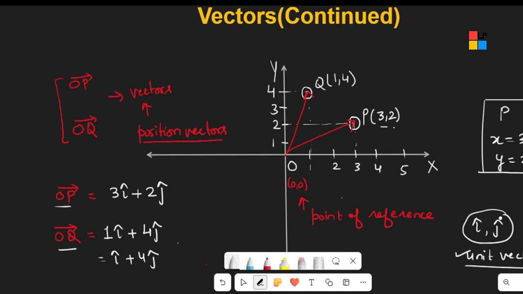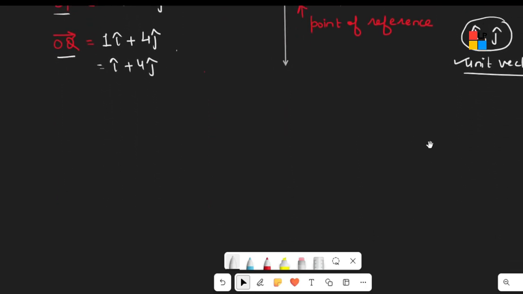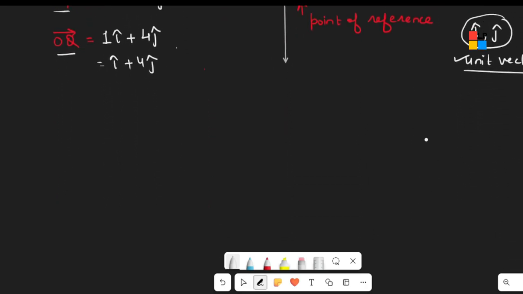Now to be very precise about i and j, i is a unit vector in the direction of the x-axis and j is a unit vector in the direction of the y-axis. So now let us define i and j in detail. I will write here a separate topic, that is unit vectors. What are unit vectors actually?